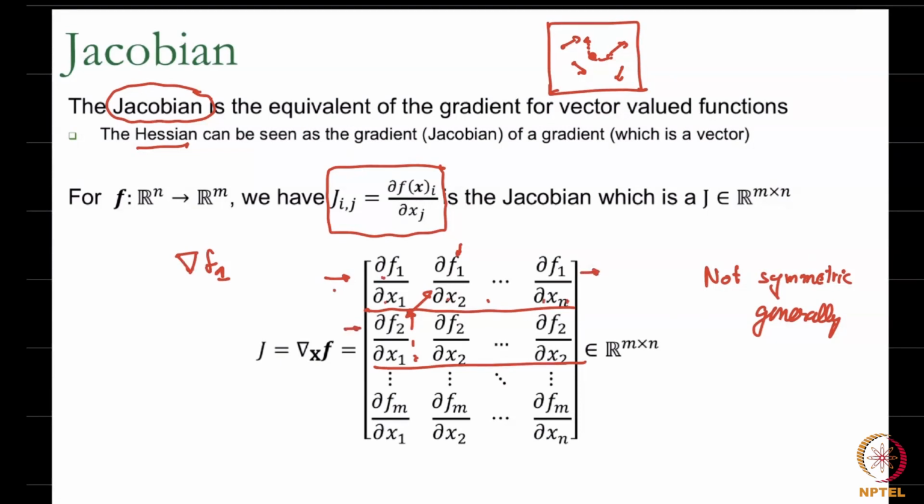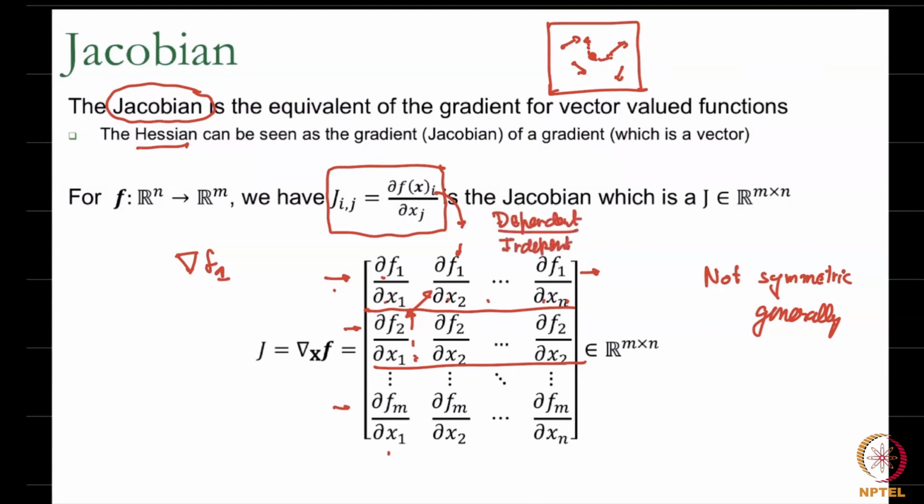If you have a 3 by 3, that is f itself is a 3-dimensional vector, then how much does the w velocity change with all the variables? So on the top, you have the variable that is changing, or the dependent variable, and on the bottom you have the independent variable.